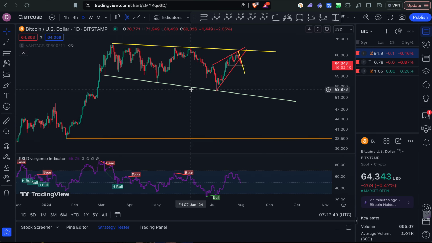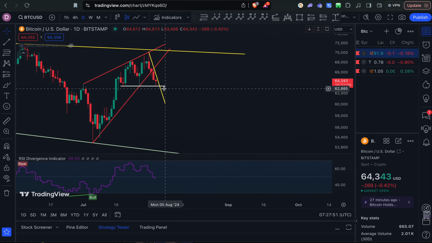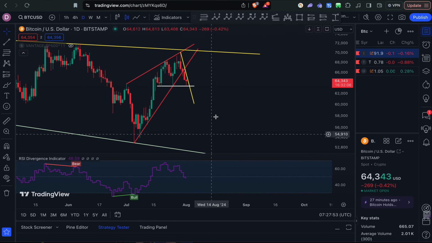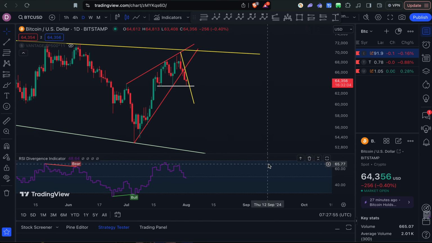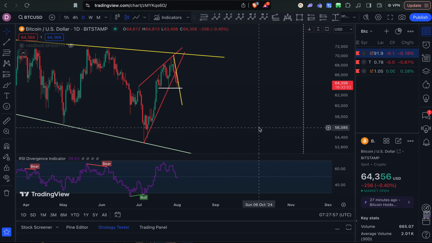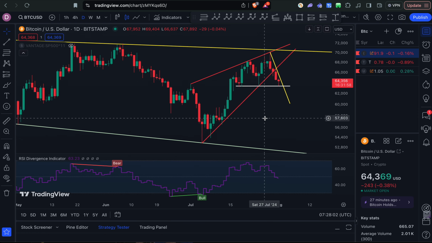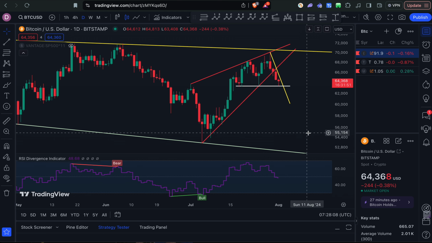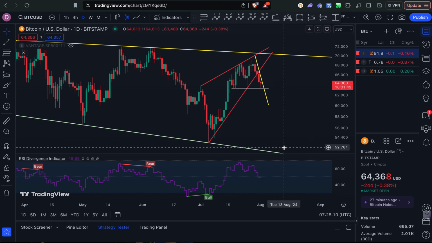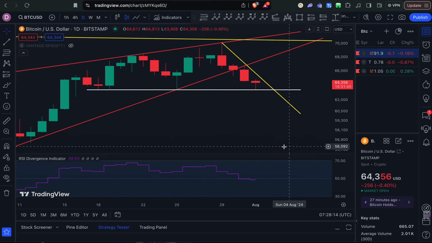So people seem to be just waiting to see what's going to happen. So the price may just go up and down between this channel here all the way until the elections. And I feel like there may be some disappointment coming to the market when the price is not doing what you were expecting, and some people may be joining on the sell side. So we might even go all the way down to 52K, 53K in the short term.